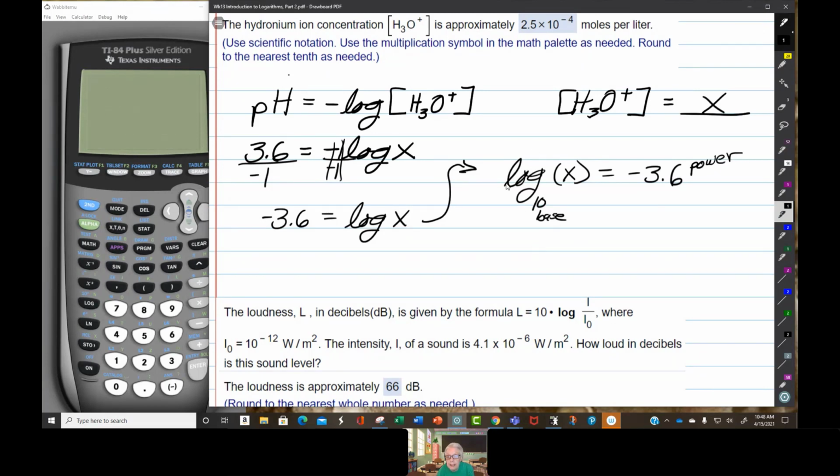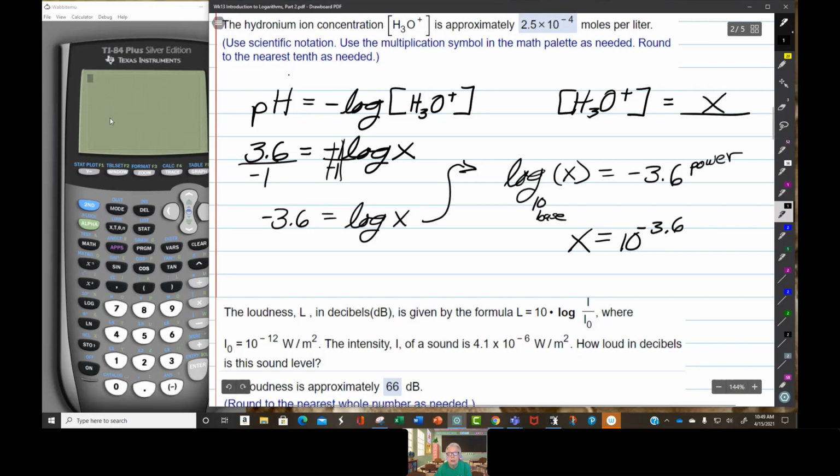So that what you get, an equivalent expression to this, is x equals 10 to the -3.6. Now all we have to do is calculate 10 to the -3.6.